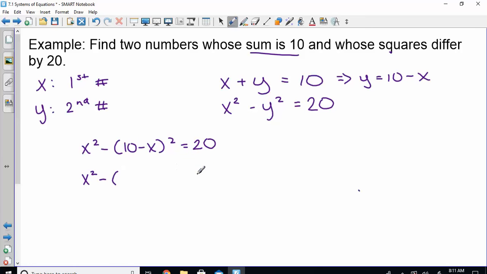How do I do 10 minus x squared? Well, it means there's two of them. So that's 100 minus 10x and minus 10x is minus 20x. Negative x times negative x is positive x squared.